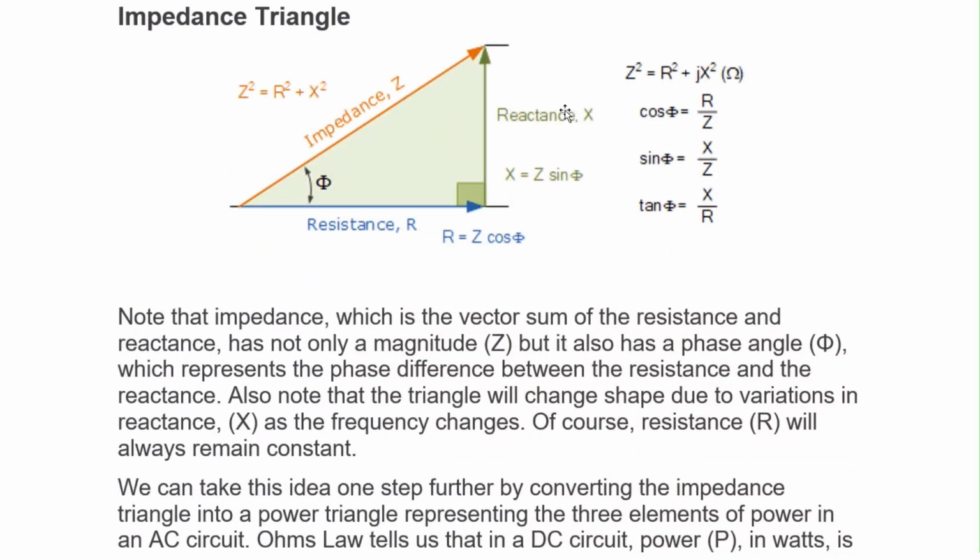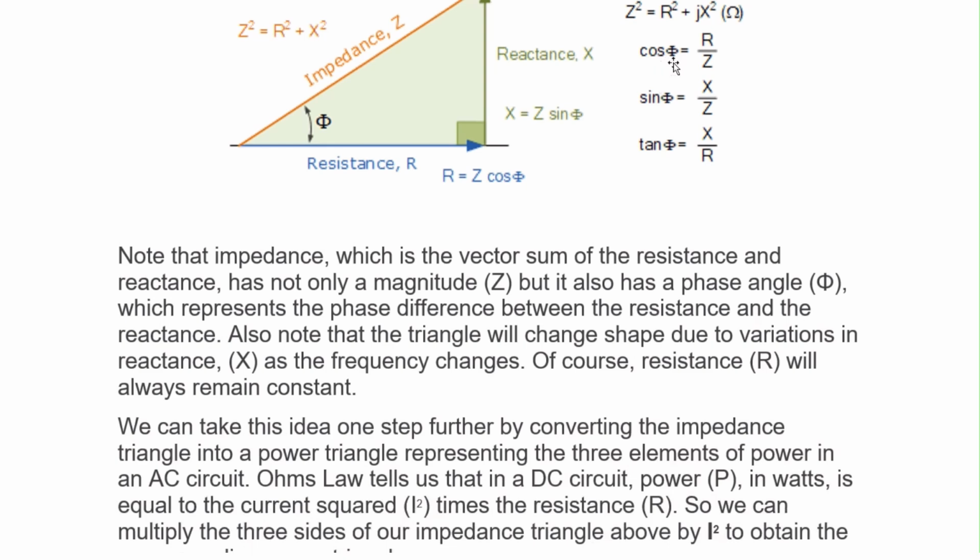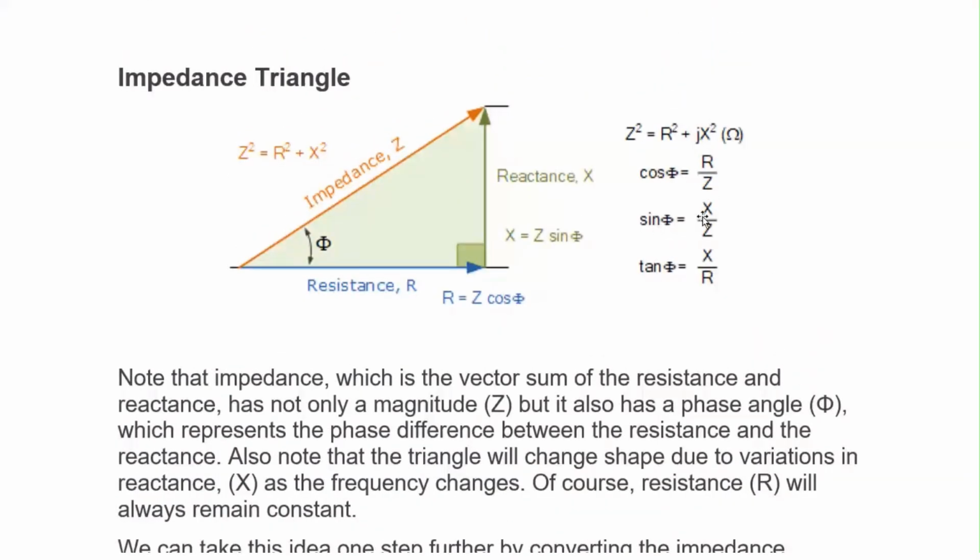Now let's proceed to the impedance triangle again. That same thing has been explained. Let me explain you. Z square is equal to R square plus jX square, and X being the reactance part. Cos phi is equal to R upon Z, sin phi equal to X upon Z, and tan phi is X upon R. That is perpendicular divided by base.